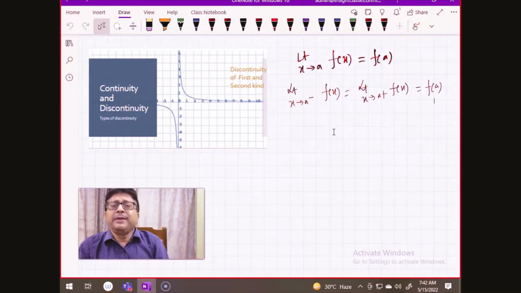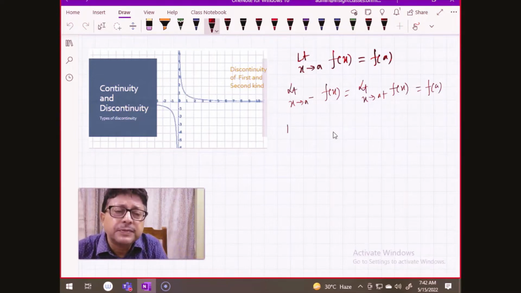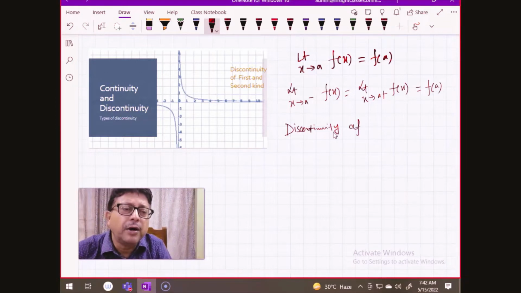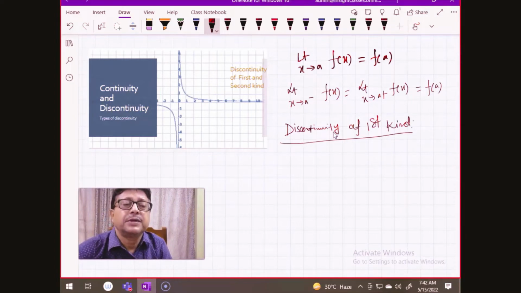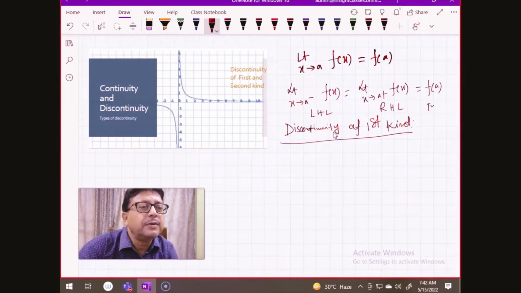Okay, so let me tell you discontinuity of first kind first. Discontinuity of first kind. What is that? In this case, this is called LHL, this is RHL, and this is the functional value.